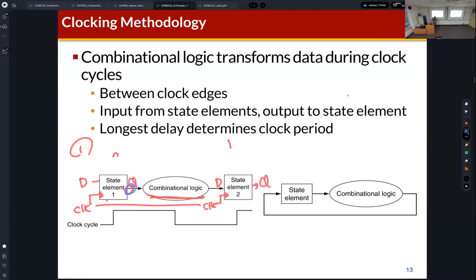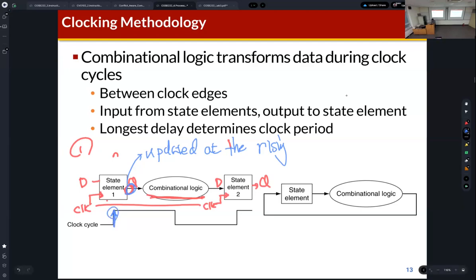I mentioned that this output is updated at the rising edge of the clock. Okay? Then what can you observe? This is the rising edge of the clock, right?